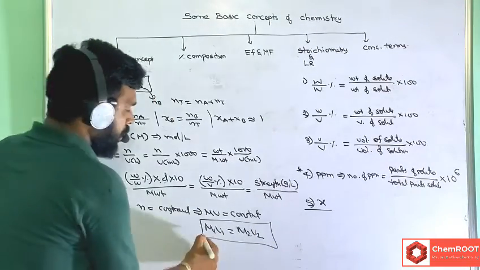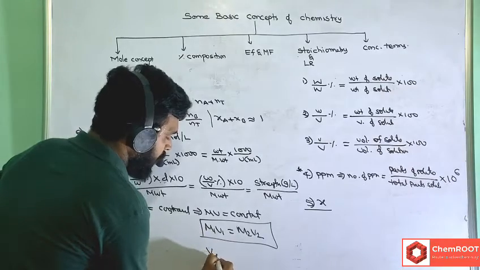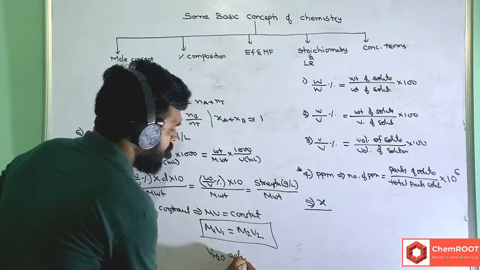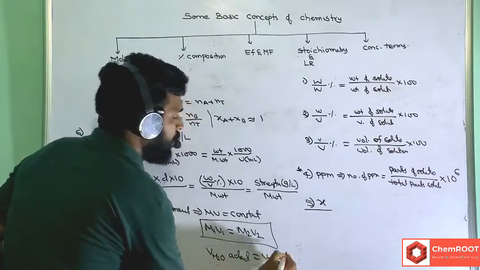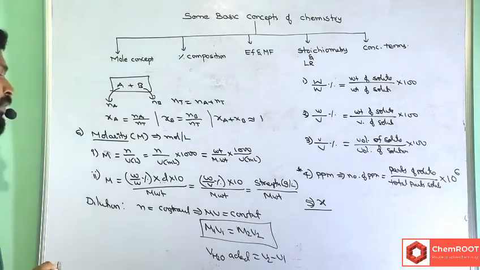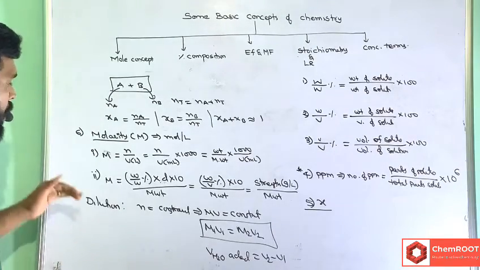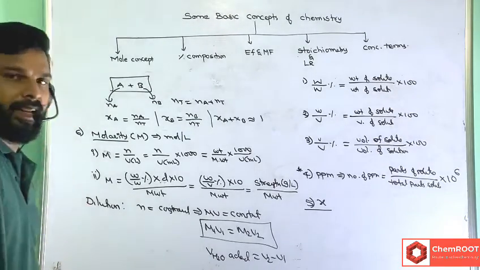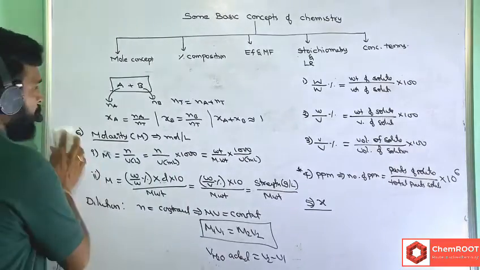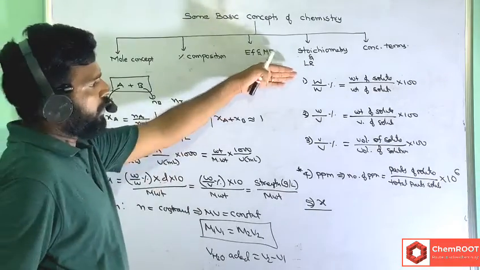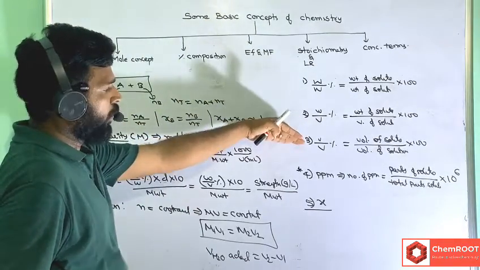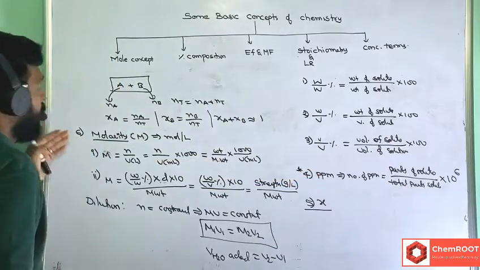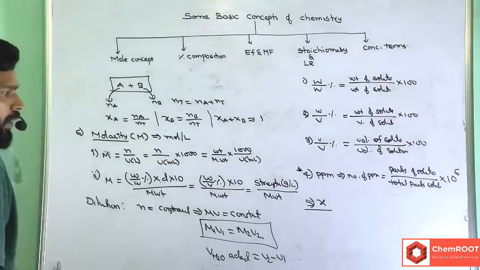And V2 minus V1 will give the information about how much water will be added. So these are the molarity related formulas we know: weight by weight percentage, weight by volume, volume by volume, ppm, mole fraction and molarity.